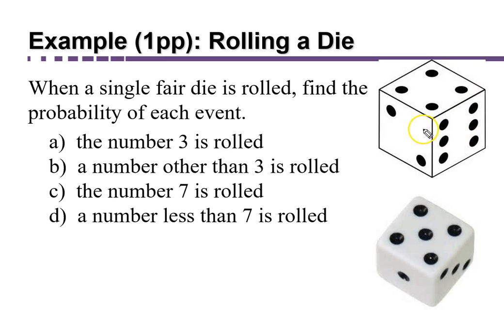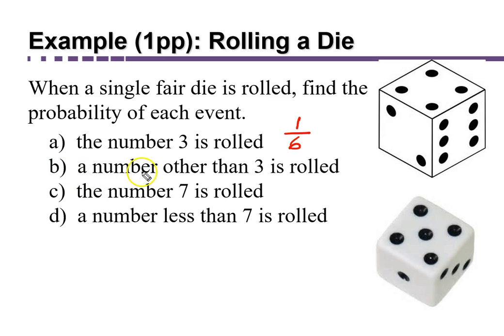So 6 sides and a number on each side. So in our example 1, you're going to write this up as a PowerPoint example. When a single fair die is rolled, find the probability of each event. In letter A, that a number 3, this side would come up. Well, there's 6 sides, so it would be 1 out of 6.